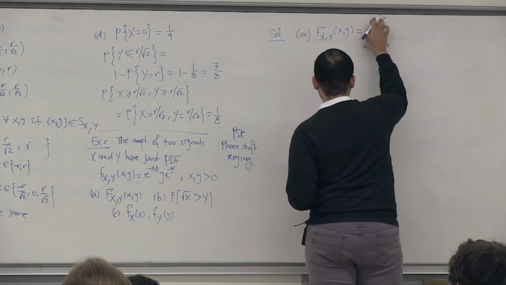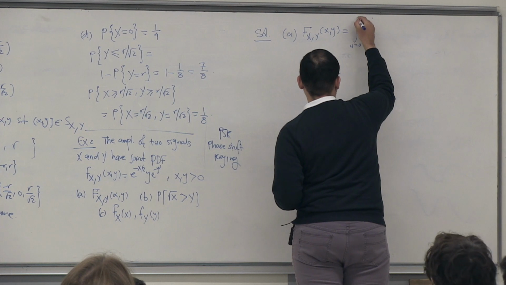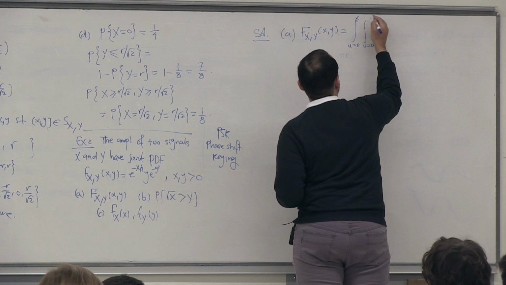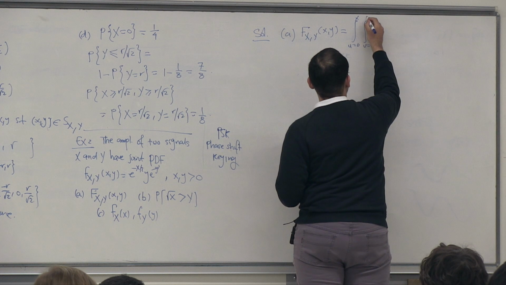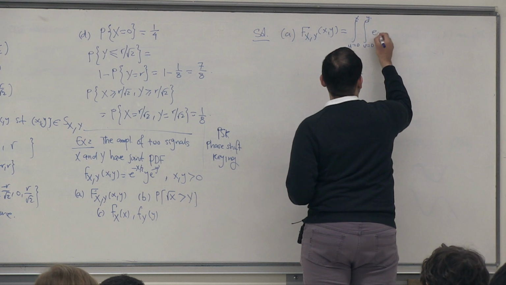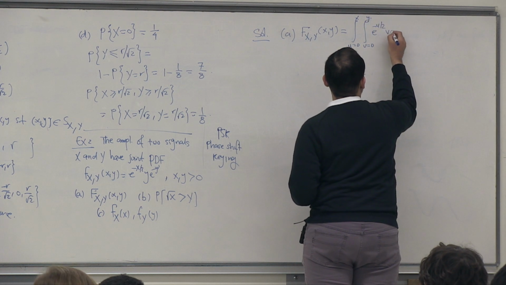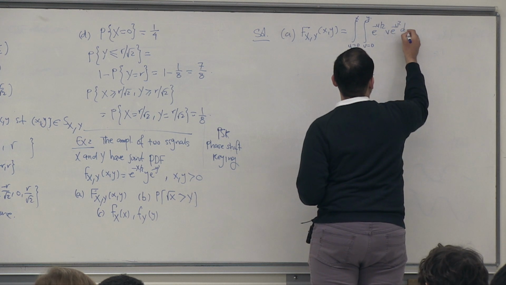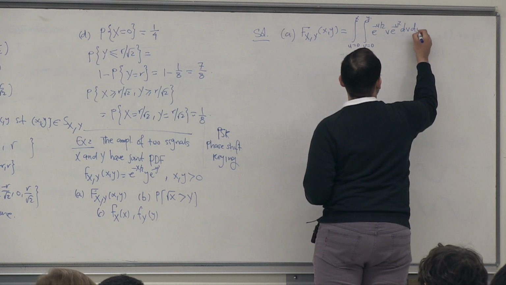Well, not to infinity. Exactly, thank you. So this one is x and this one is y. e to the minus u over 2v, e to the minus v squared dv du.